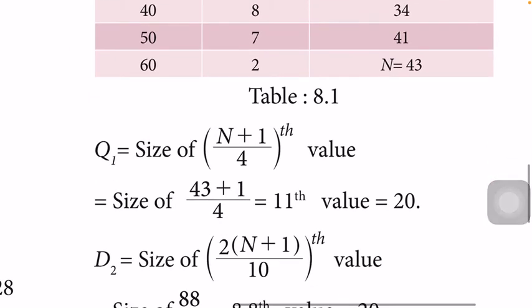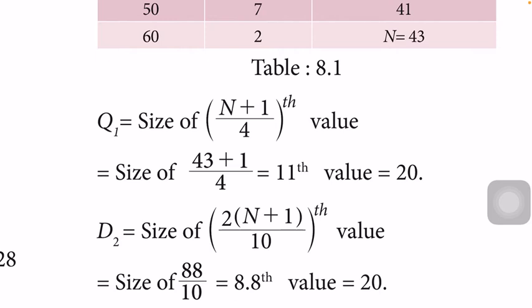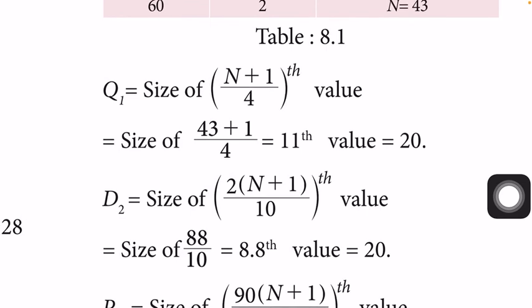Now, D2 we have to find, size of 2 into (N plus 1) by 10th value. That is size of 2 into (N plus 1), N is 43. 2 into 43 plus 1, 44 divided by 10. So, 88 divided by 10 you get 8.8, it comes as a decimal number. So, size of 8.8th value.